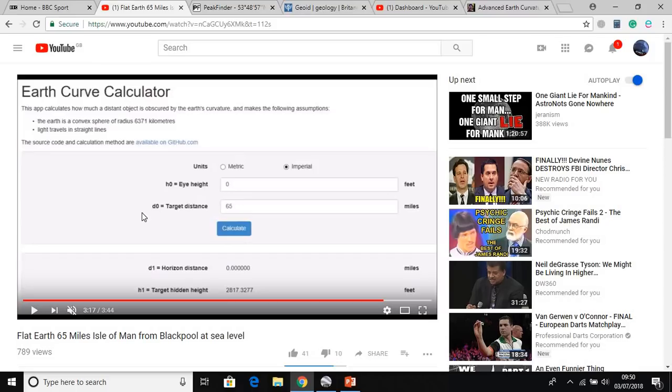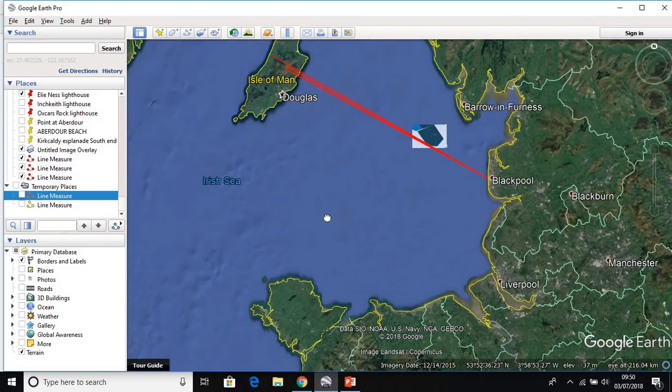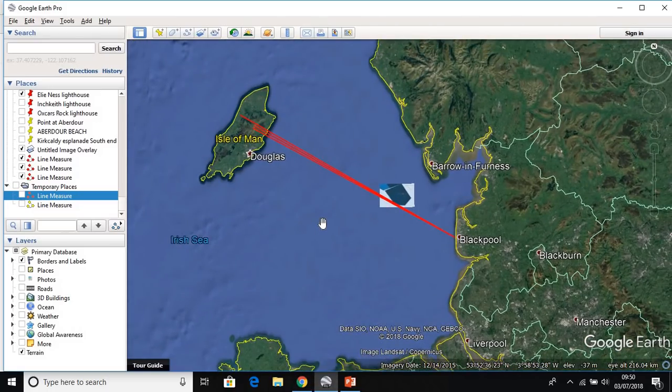So how much does refraction answer this particular question? Before we go on to that, let's just have a quick look, I forgot to do this, and confirm the location that we're actually looking at.